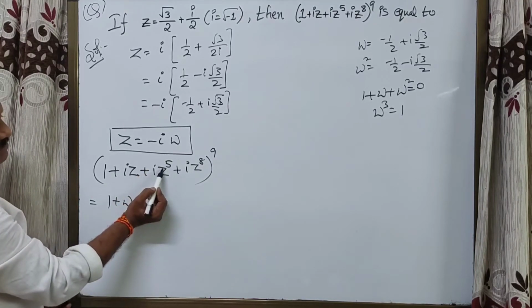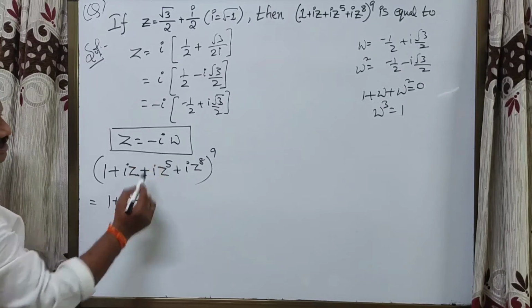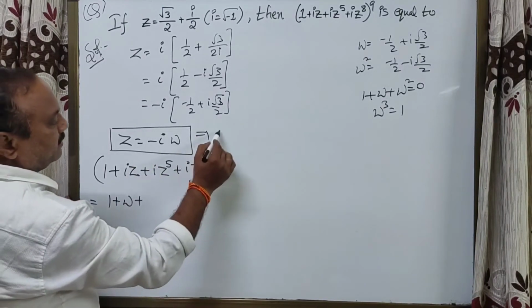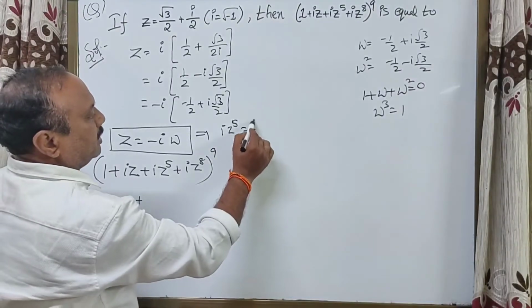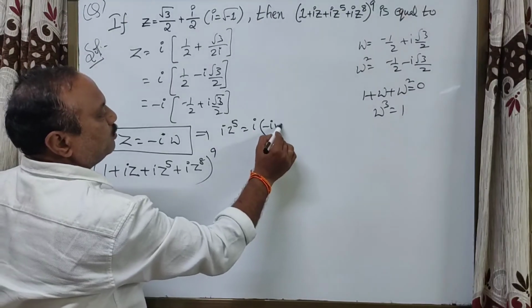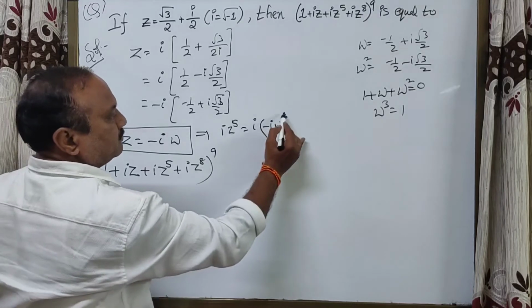My dear students, in place of z, find out i into z⁵: i into (-iω) whole power 5.